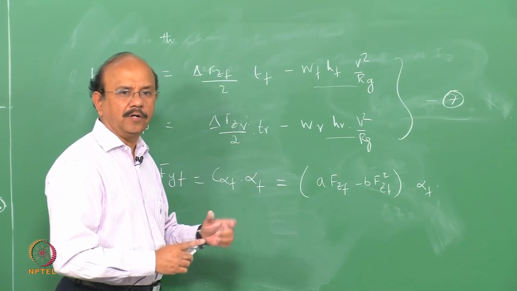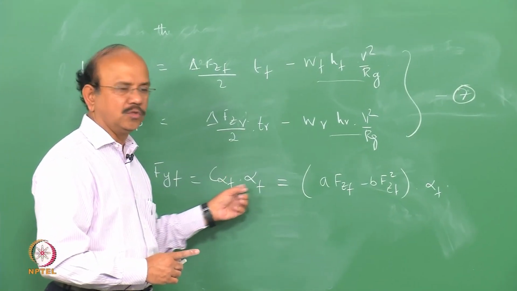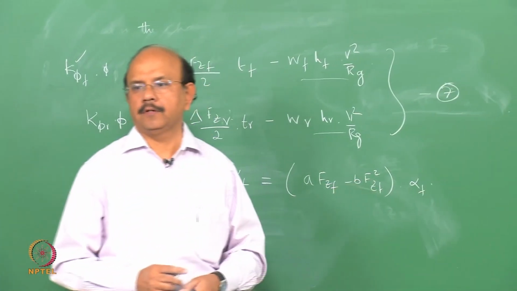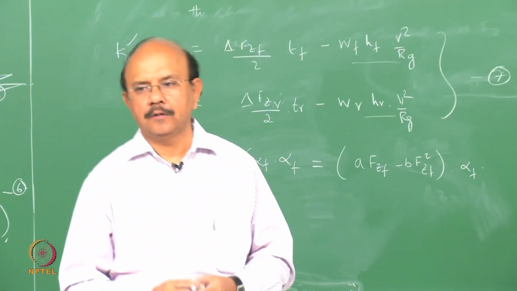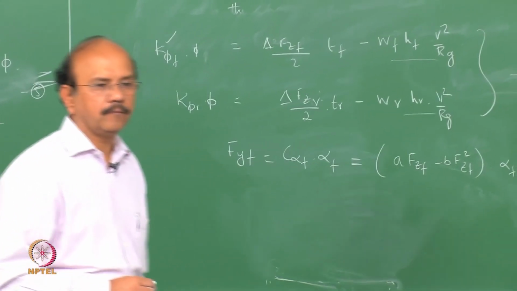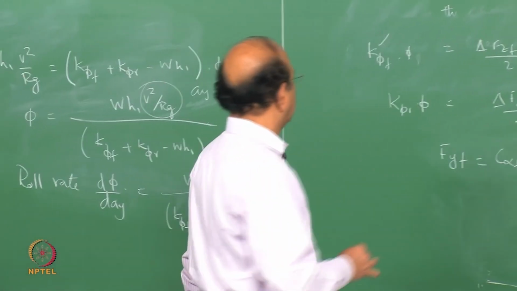For our bicycle model, I have to multiply this by 2. So I will get 2A F z F minus 2B into F z F squared.